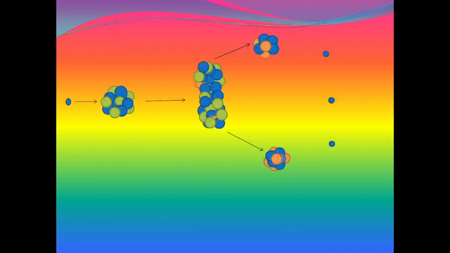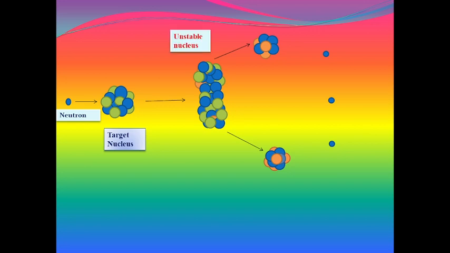We can understand with the help of this example. One of the good examples is uranium. If a uranium nucleus, or target nucleus, is hit by a projectile, that is a neutron, then this nucleus of a heavier atom will become unstable by interacting with the neutron.